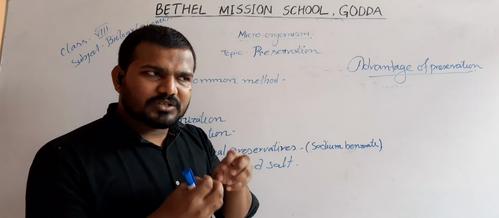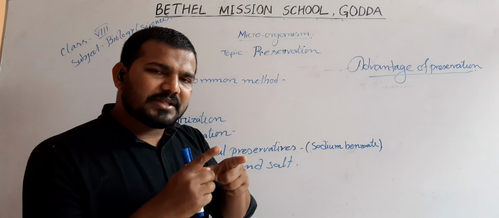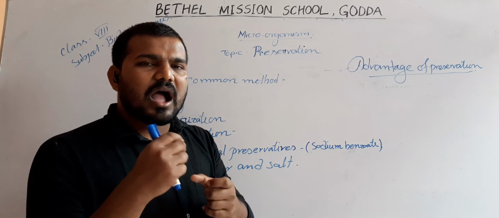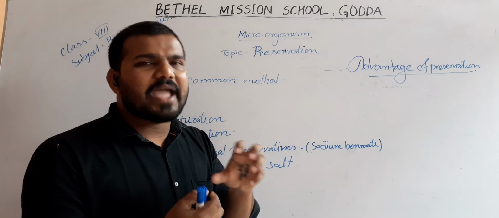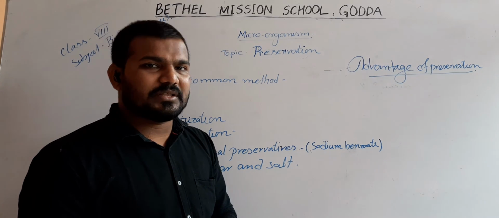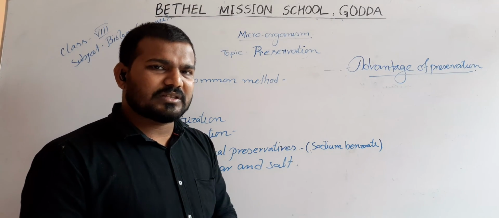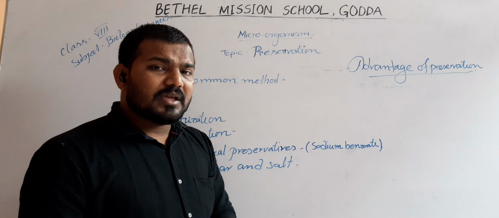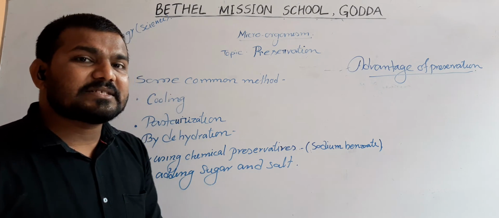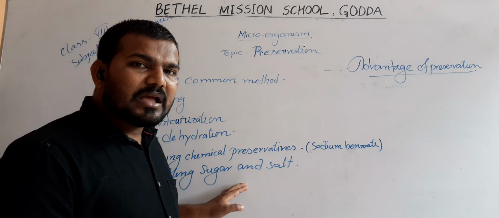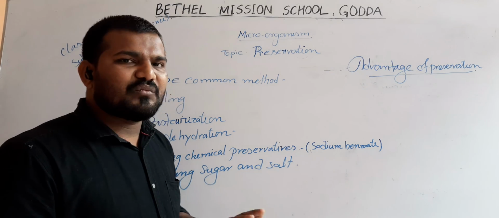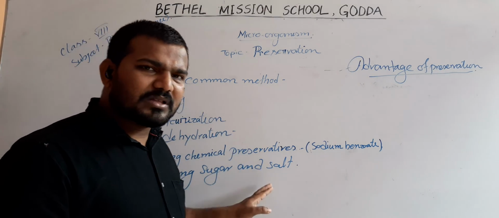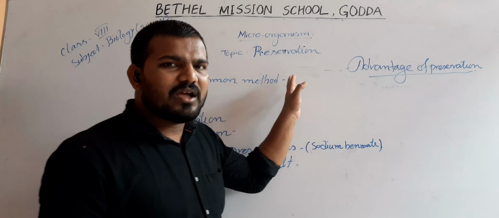A high concentration of salt, almost 18% salt, can absorb the excess water present within food materials like fish or meat. Similarly, over 68% sugar is used to preserve food. These are the most common methods by which we can preserve food.